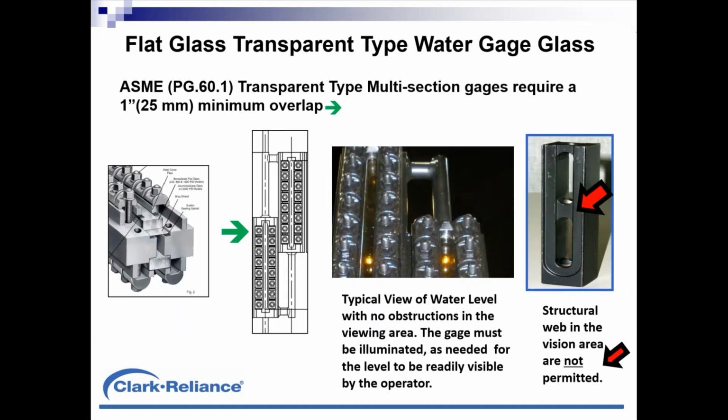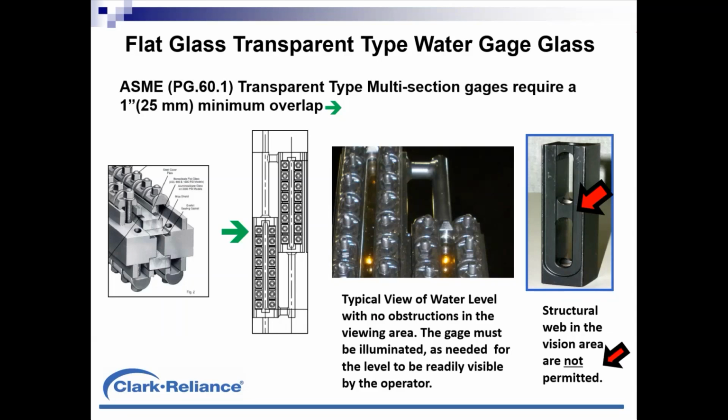In this case, that narrow-bodied gauge has a structural web in order to maintain strength of the gauge for pressure. And even though there's a passage drilled through the center of it, that structural web, if there's 1, 2, or perhaps 3 of them within the visual range of a single window of glass, can cause an illusion from a distance for an operator to mistake a structural web as a level.